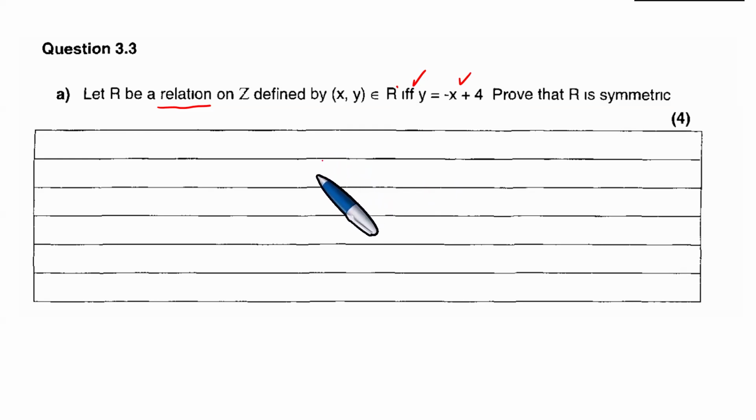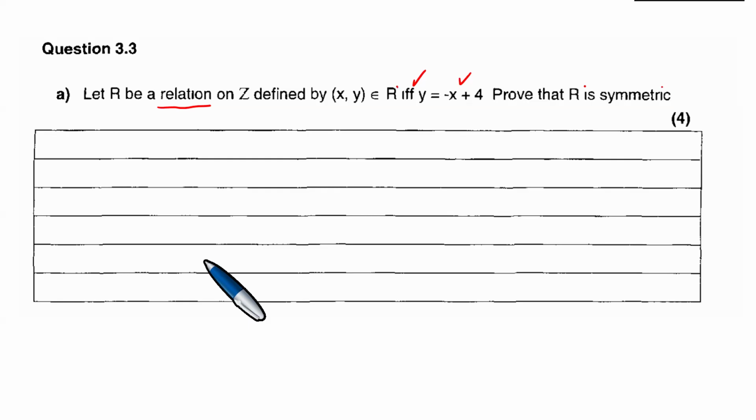Prove that R is symmetric. Okay, now it's easy. It's very, very easy. Let us ponder to reason this out, and look at how best we can manage this particular question.